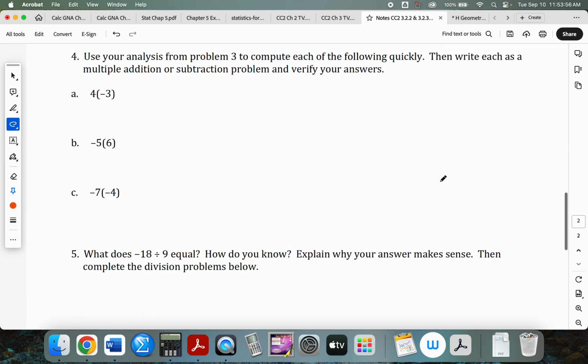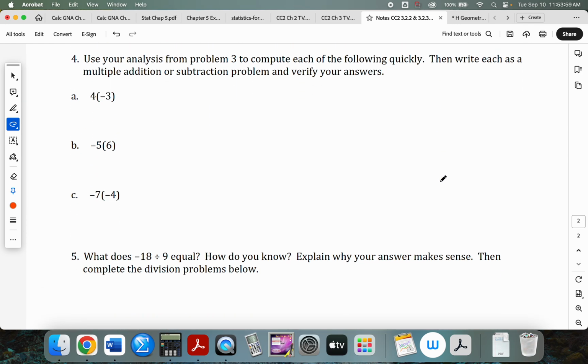All right, let's go on to page 2. Try those three problems quickly. Go.